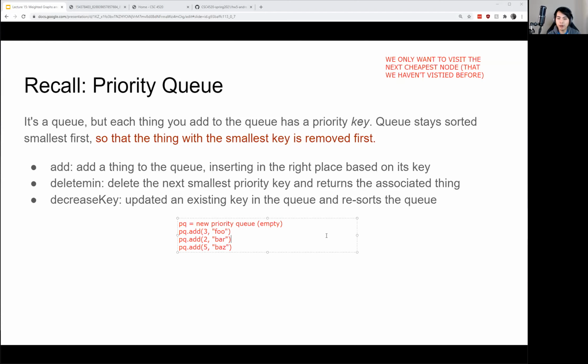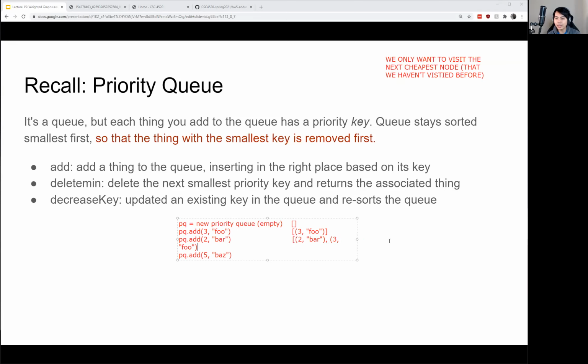What we'll see in our priority queue is that at the very beginning, it's empty. From there, we're going to go ahead and add 3 comma foo into our queue, right? Now we're going to add another element, whose key is smaller than the previous key we added. So we're going to put the 2 comma bar at the beginning of our list, followed by 3 comma foo, right?